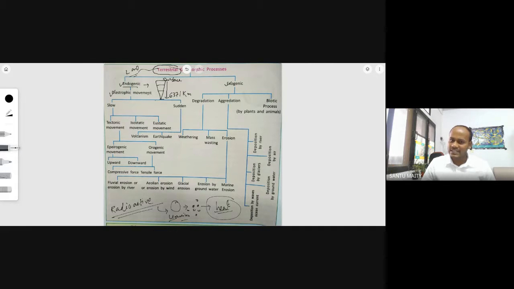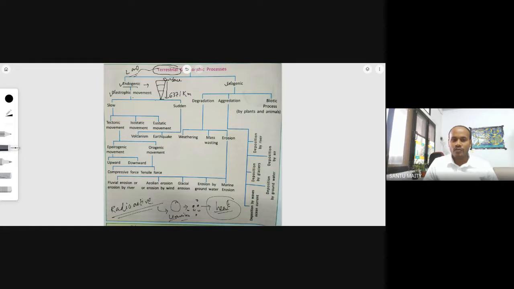I will explain these things in detail in our future sessions, but this is an overview: the endogenetic process is related to radioactive elements and the generation of heat, and based on the availability of heat, there will be the movement called diastrophic movement.